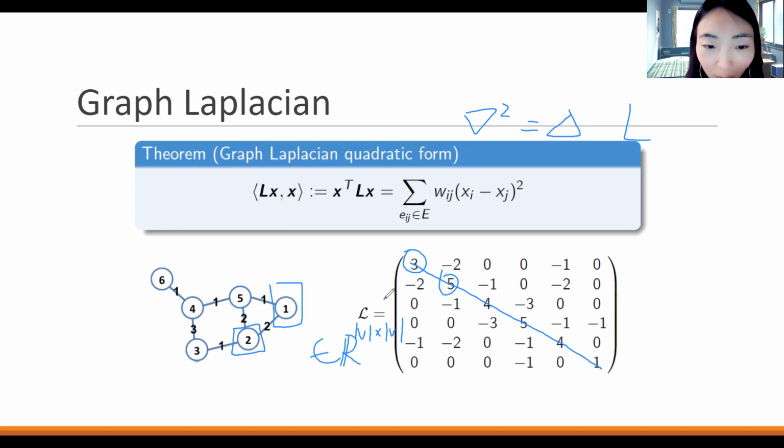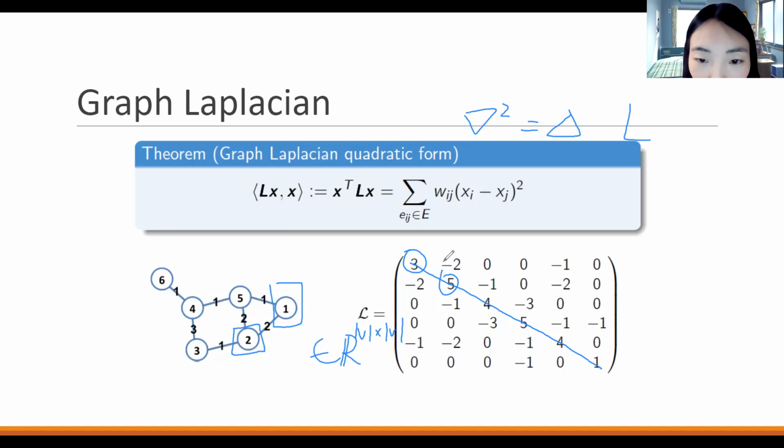For the previous one, when we had different orientations of the edges, you would have different weights. But here we have an undirected graph, so the matrix is symmetric.